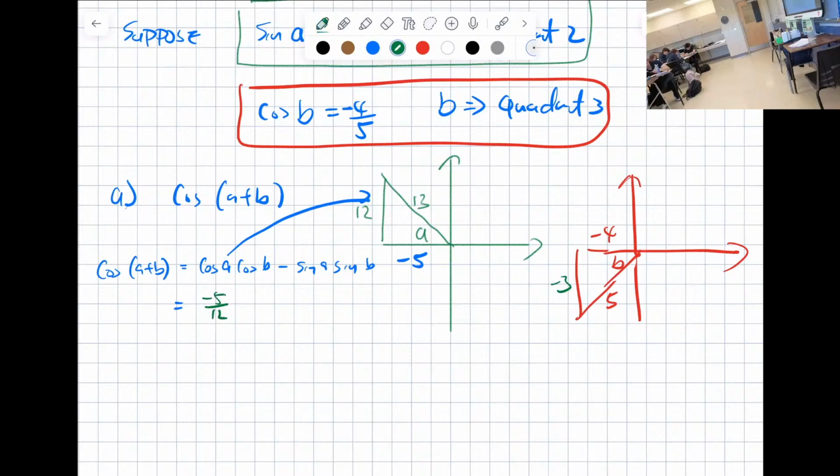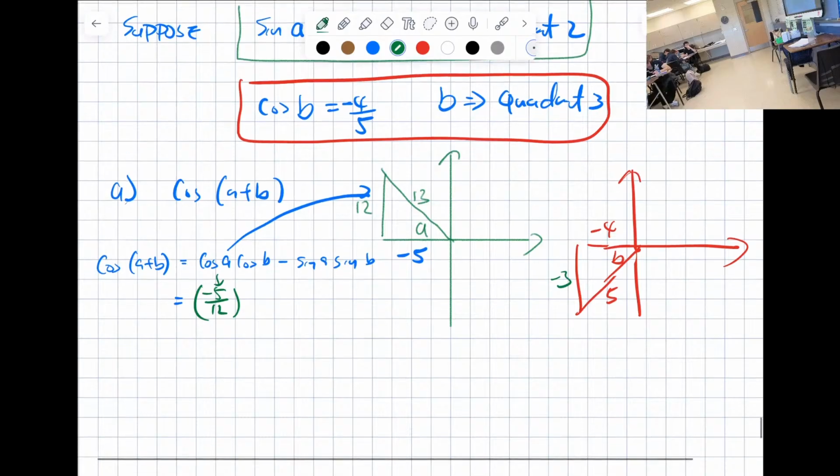Not cosine of negative 5 over 13, just negative 5 over 13. There is no cosine. A lot of people tend to write cosine again on the test. Don't write cosine. What's the cosine of B? Negative 4 over 5.